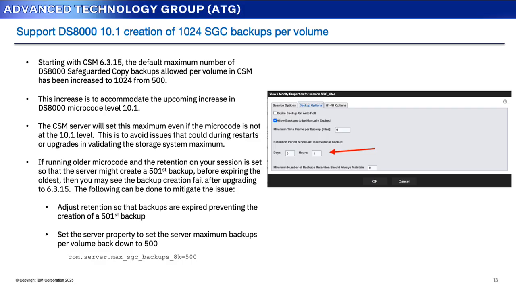What we did is on the CSM server, when you upgrade to CSM 6.3.15, we automatically make 1,024 our maximum default for safeguarded copy.